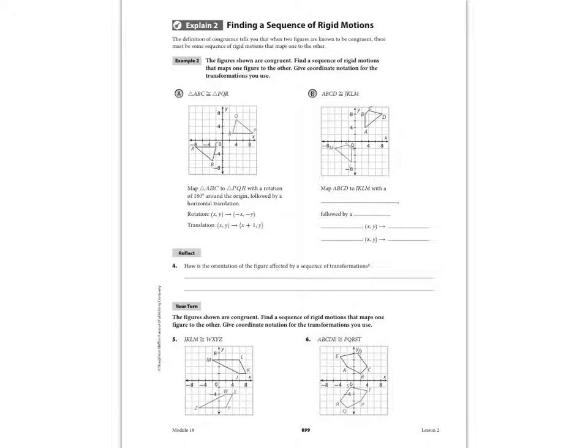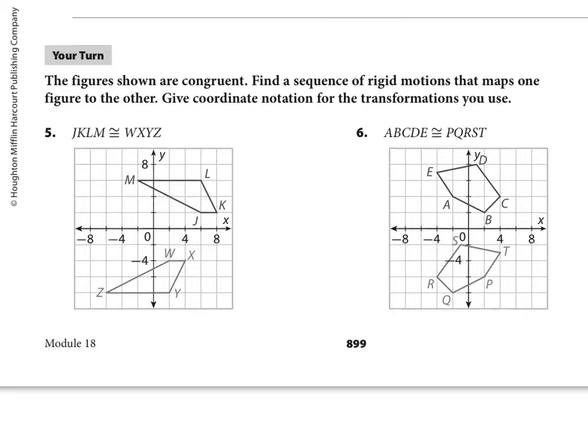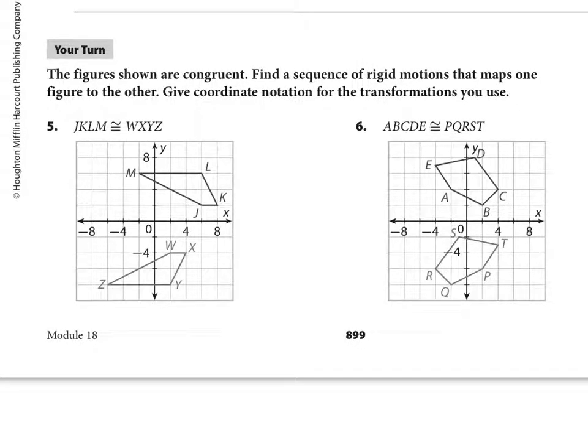And the last problems that we're going to look at, on the bottom of page 899, these ones are going to require that you use multiple transformations or multiple rigid motions. So you can see it tells you that they're actually congruent. So you know that there is a way for you to use translations, reflections, and/or rotations to get from one to the other.